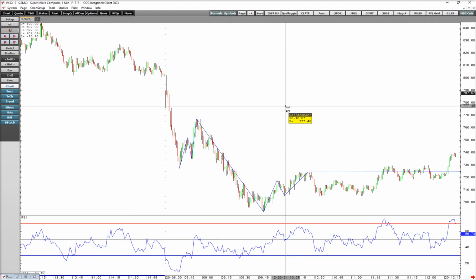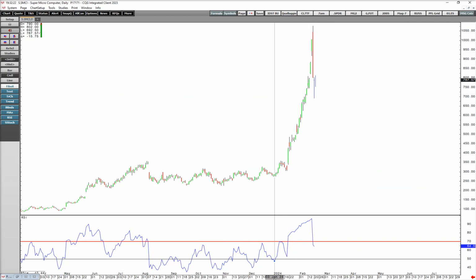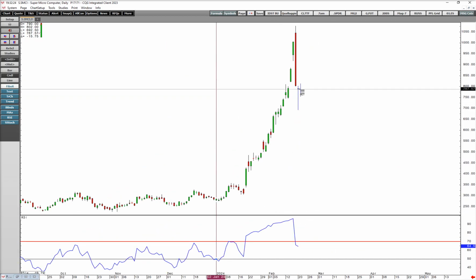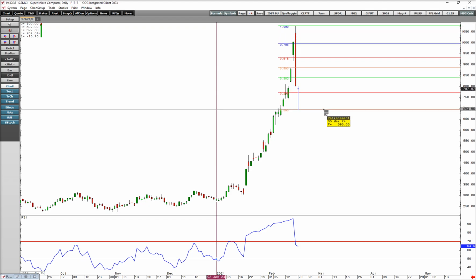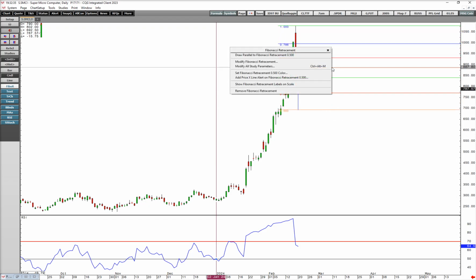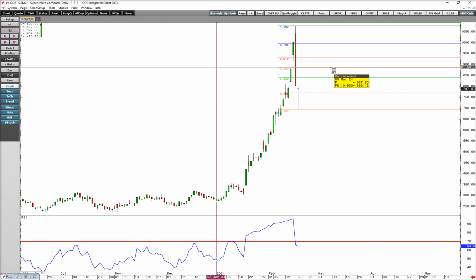But can't cry over spilled milk. This is what it looks like now, and tomorrow, if we take out these highs and yesterday's close, then I will expect a little more upside, probably somewhere to the midpoint of this pullback, which is here.